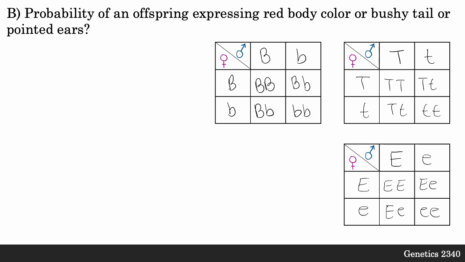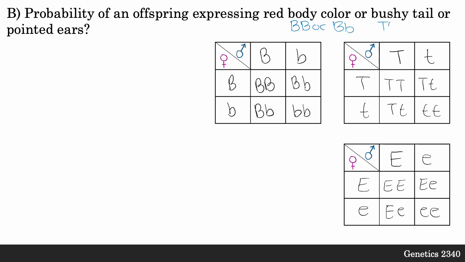Part B, the probability of an offspring to express red body color or bushy tail or pointed ears. Note that the use of or in this question indicates the addition rule, otherwise known as the sum rule. So red body color is big B, big B, or big B, small b.